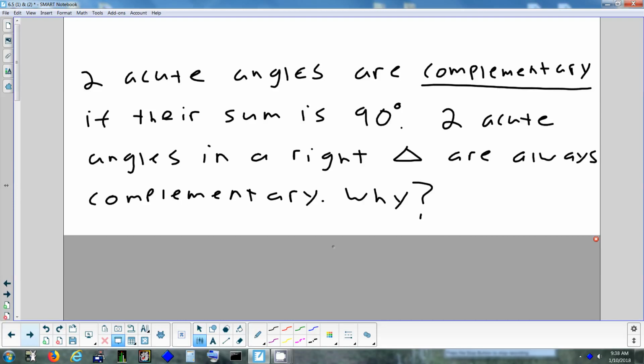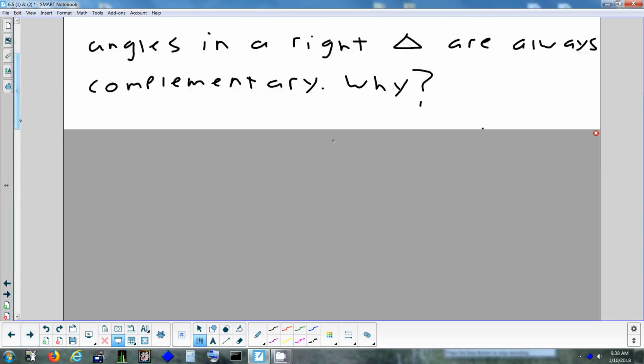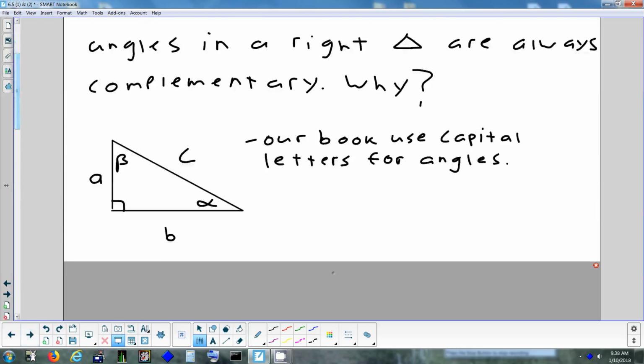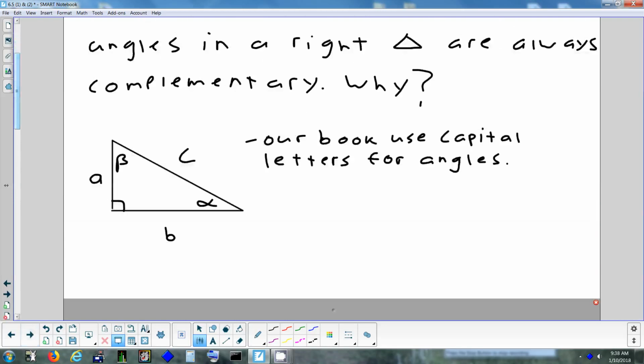Okay, yeah. So you have a right triangle, you've already used up 90, so the other two have to add up to 90, which means they're complementary. Okay, so that's important. Two acute angles in a right triangle are always complements. Okay, let's look at this. So what I've done here is I just labeled the generic right triangle, sides A, B, and C.